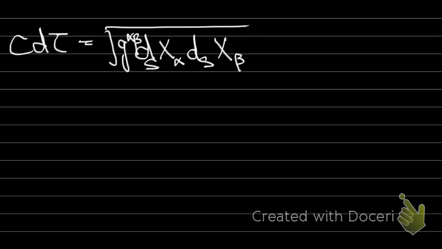And again over here my c is equal to the square root of eta alpha beta times eta alpha beta, so this product.